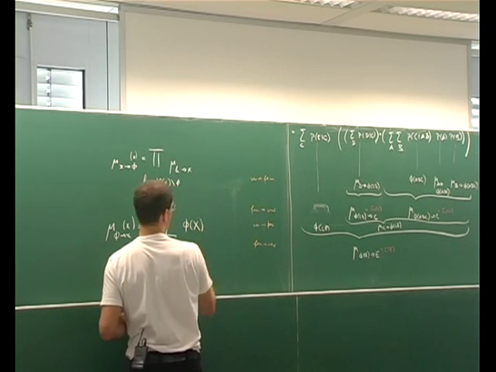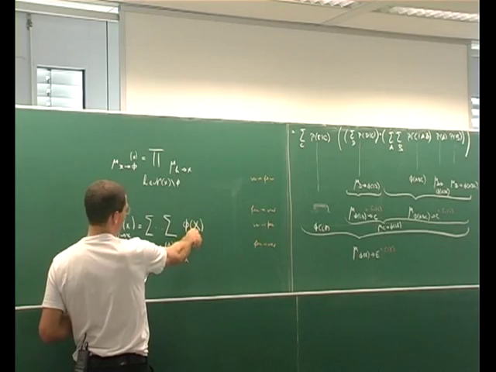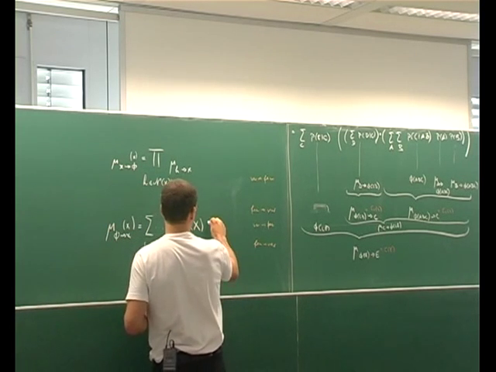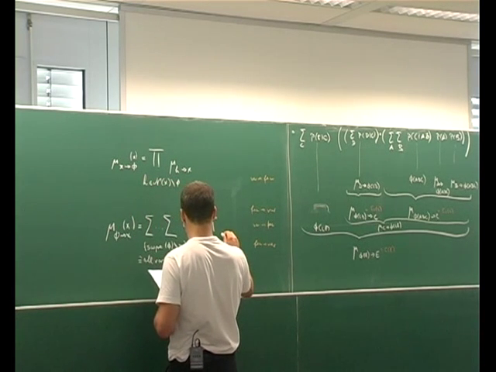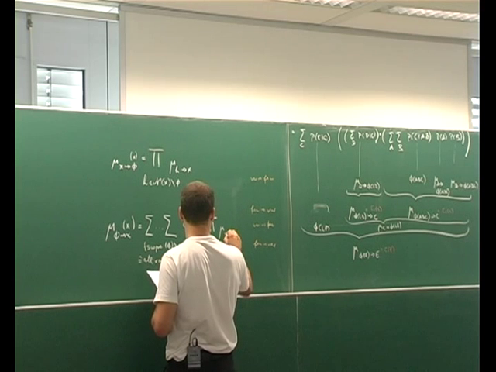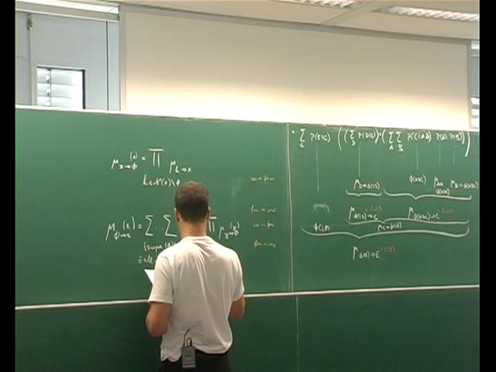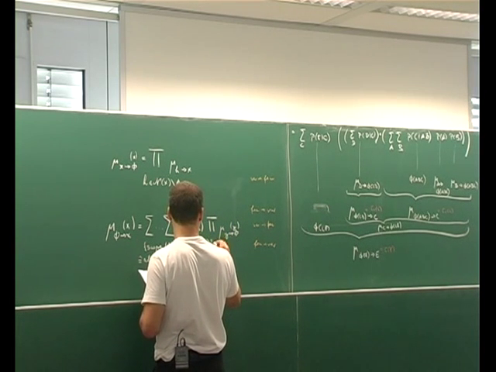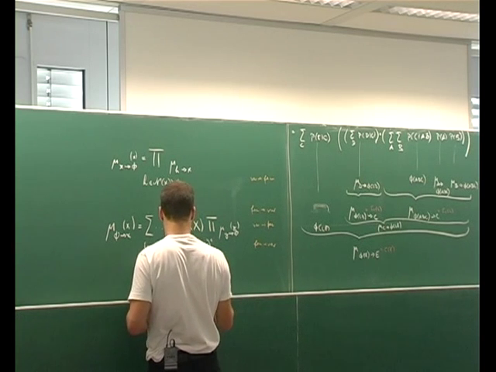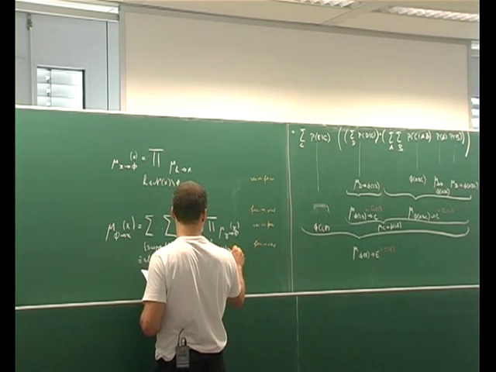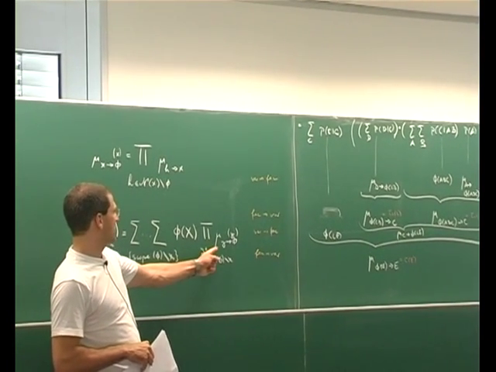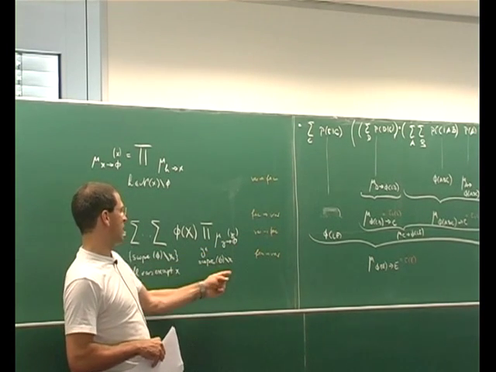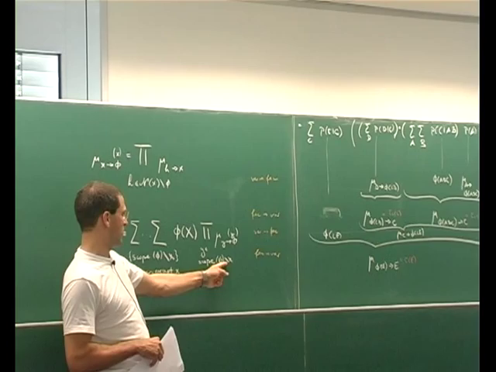I'm now writing a capital X to say these are all the variables that this factor depends on. And then multiply with the product of the incoming messages. So we have taken all the messages from neighboring variables to this factor, all except the one where we're sending our message to.